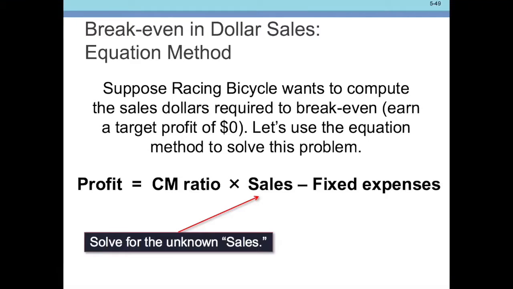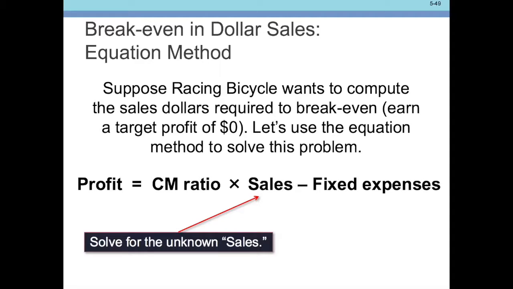If it's units times contribution margin equal fixed expenses, it all equals 0, they balance, right? Then simply divide by the contribution margin, and you'll find how many units you need to cover your break-even point. The break-even point can also be done with dollars.